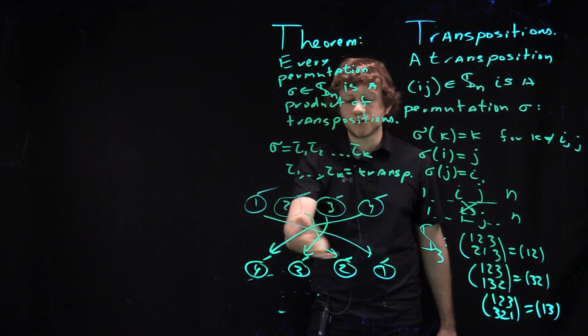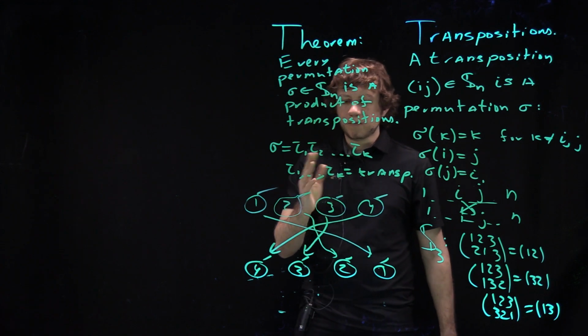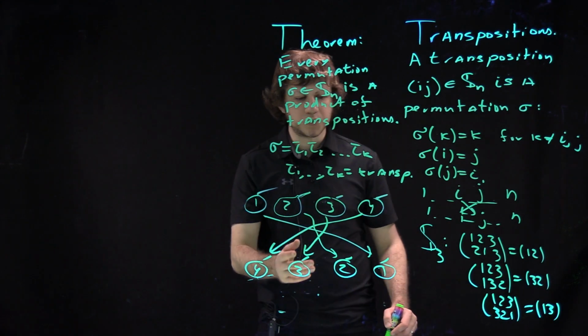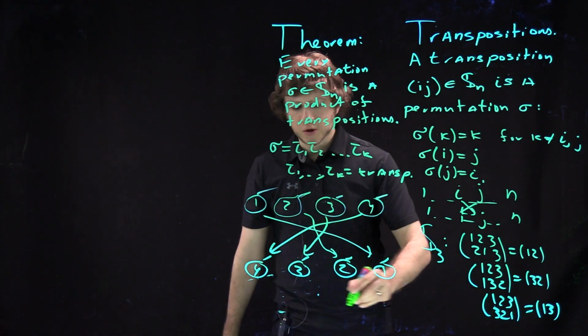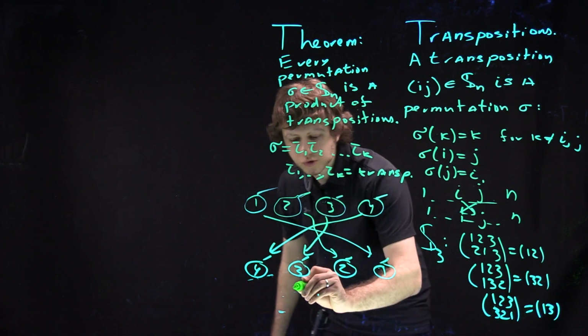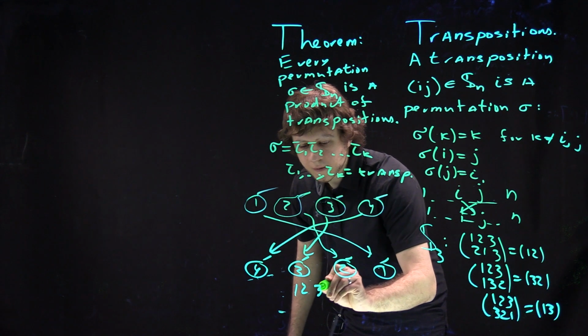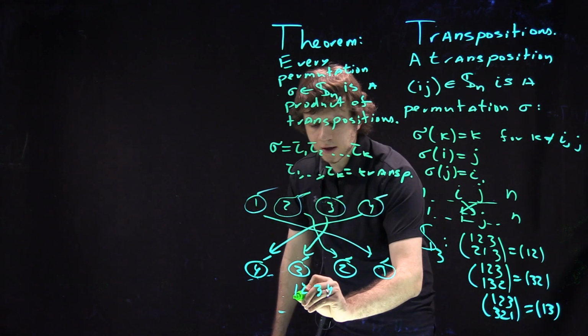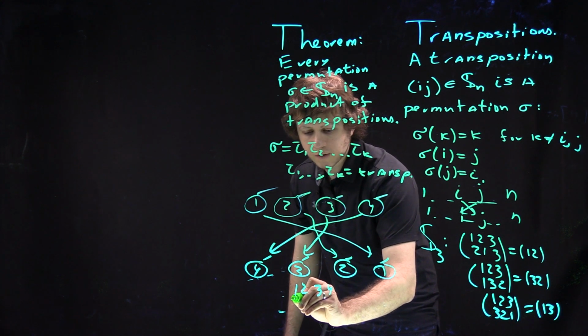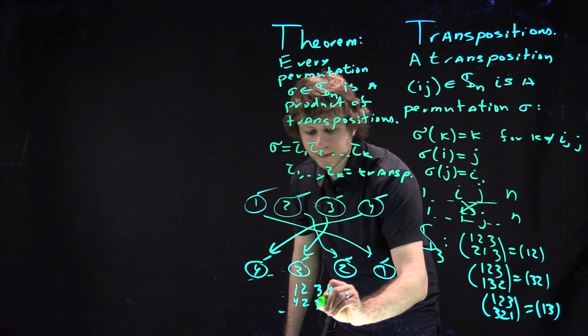So let's see how to do it here. Of course, the first thing we will do is exchange 1 and 4. We had the arrangement 1, 2, 3, 4, and after exchanging 1 and 4 we get 4, 2, 3, 1.